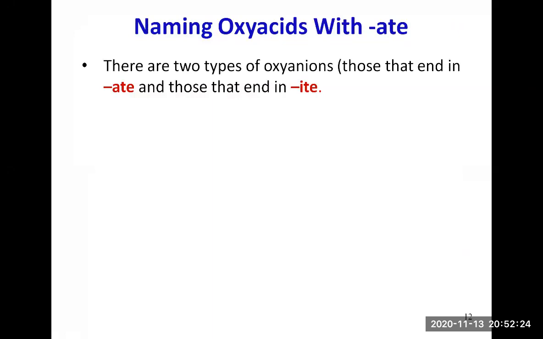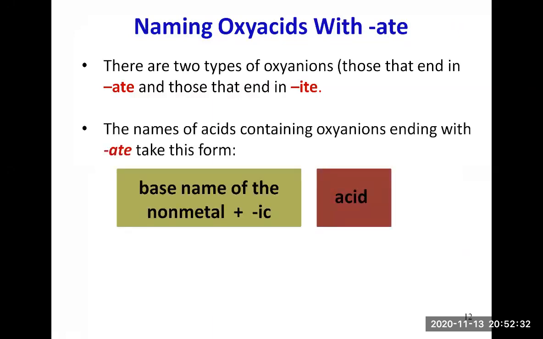And so depending if they end in ate or ite, we name them differently to be able to discern them. So the name of the acids containing oxyanions ending with ate will take this form. You take the base name of the nonmetal or the polyatomic ion, and you change the ending ate to ic and add acid.